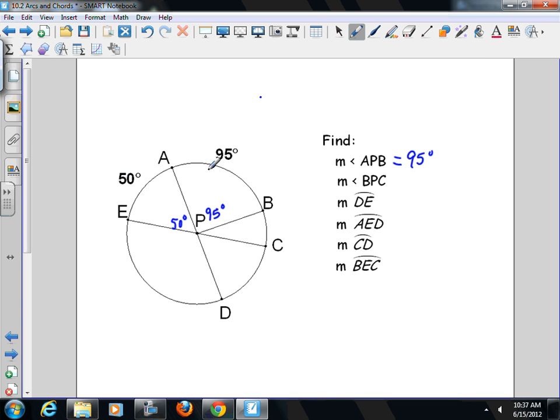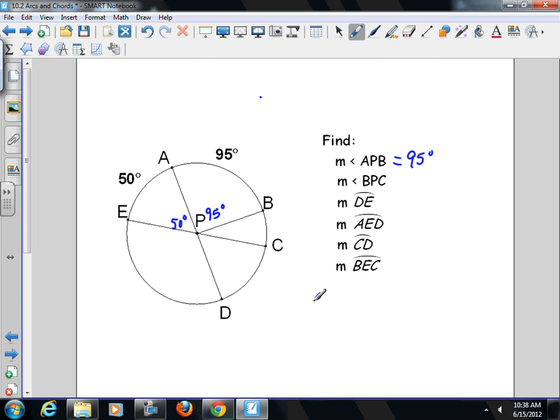We know that this is a semicircle here going from point E to C, and we also know that we're creating a straight line here. So these three angles that I'm pointing to, EPA and APB and BPC, would all add up to 180. So if I could find the measure of 50 and 95, if I added those together and subtracted it from 180 degrees, I would have the measure of that central angle BPC.